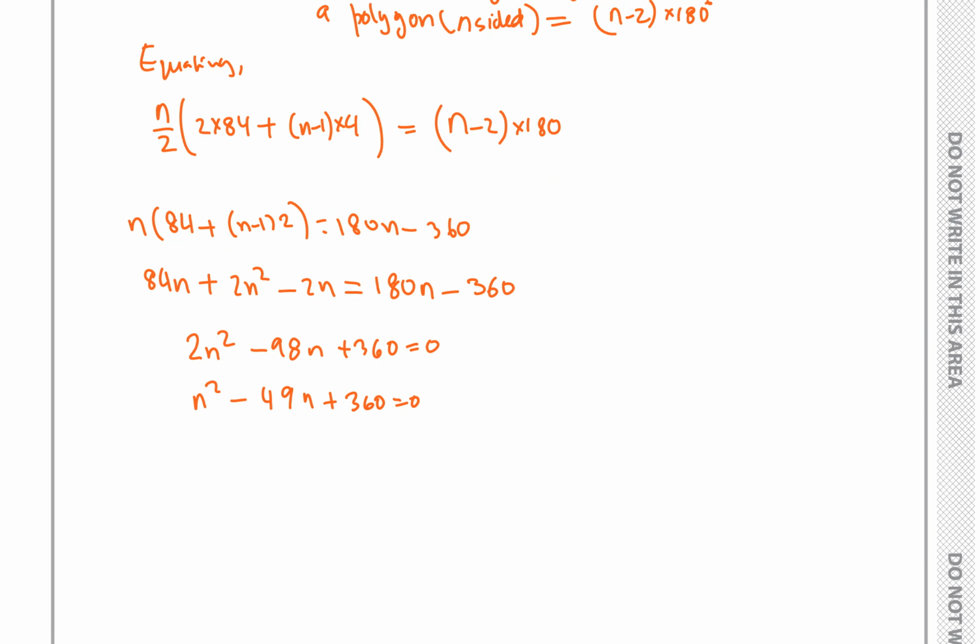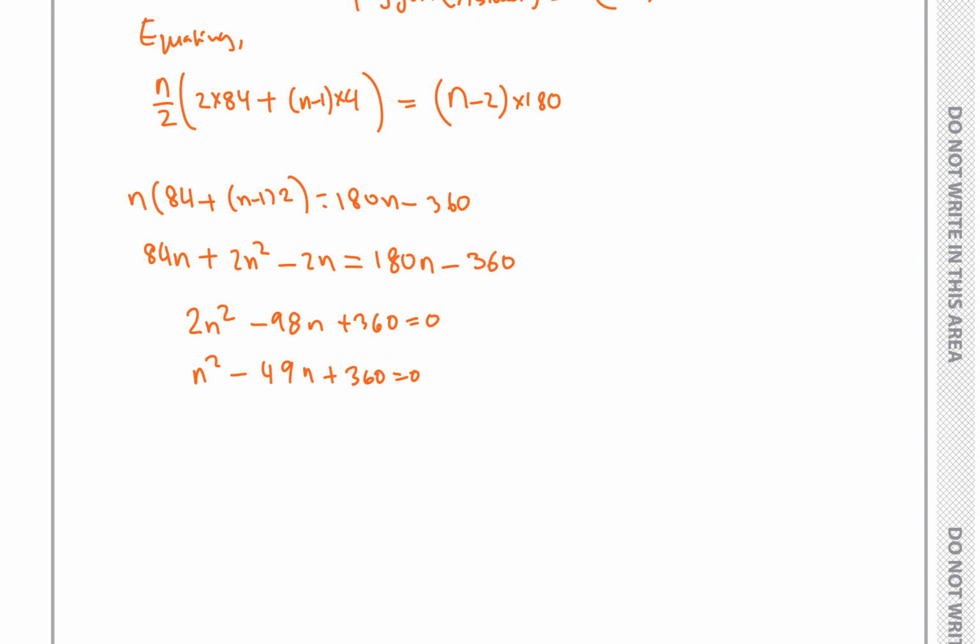I can factorize it, or I can use my calculator, but I would factorize it. So 180 to 90 to 45, 5, 9, 3, 3. So 9 plus 40 is 49.